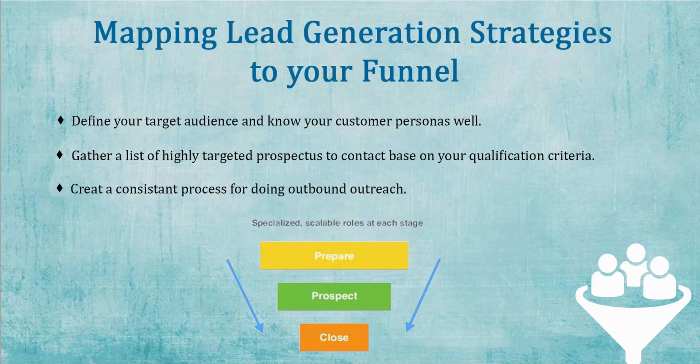And finally, the point is about creating a consistent process for outbound outreach. What we mean by that is, when we are funneling a particular lead up to the level of a sale, we need to reach out to them through various methods. It could be as simple as greeting them through an email on a regular basis by sending a weekly update of maybe the best kind of insurance one should be taking, or sending them an email greeting about a festival occasion.